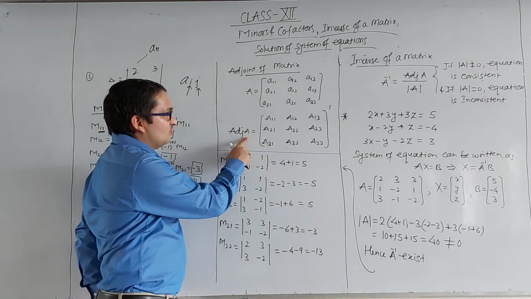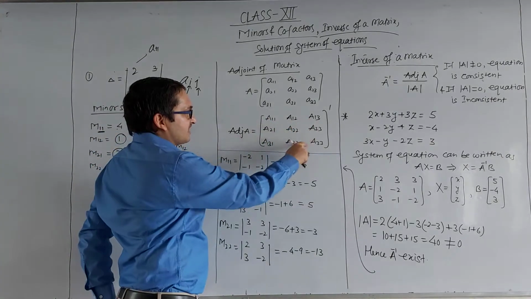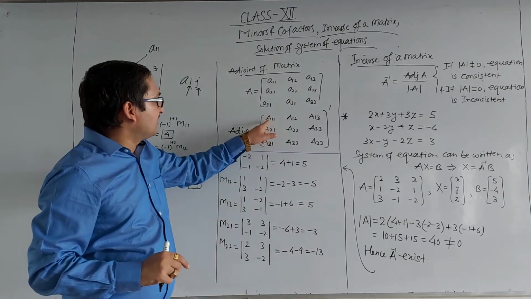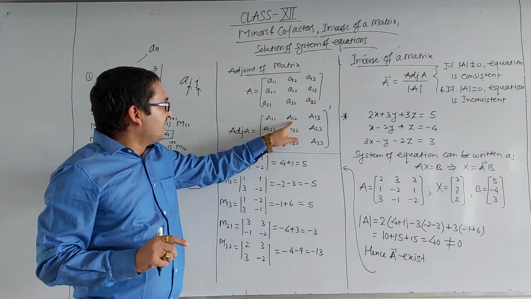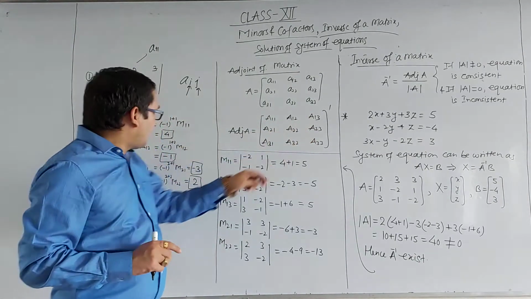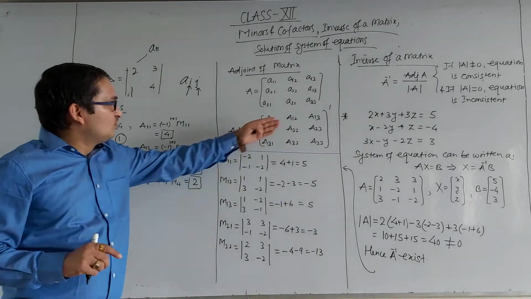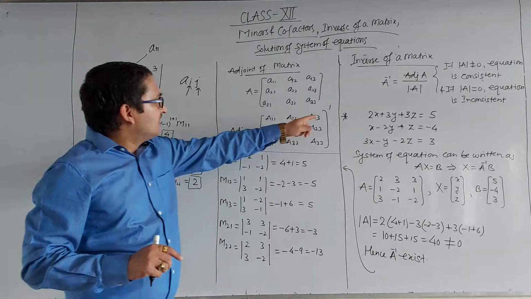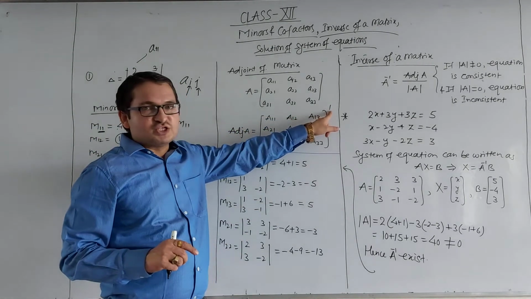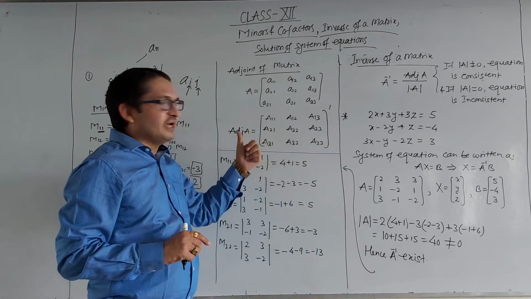Adjoint A is equal to the transpose of the cofactor matrix, A11, A12, A13 and so on, where capital A denotes cofactors.